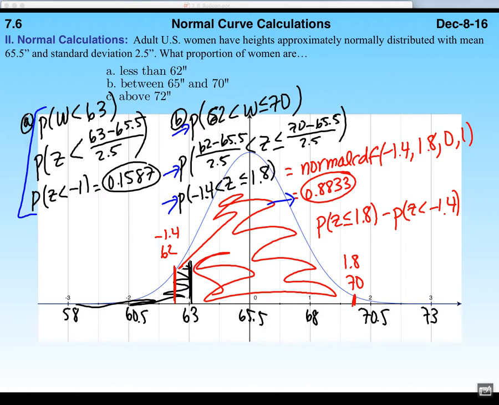Let's do C. Let's just do the one that's there. Find the probability of a woman being taller than 72 inches. You guys do this one. I would like you to use both the calculator and the table.